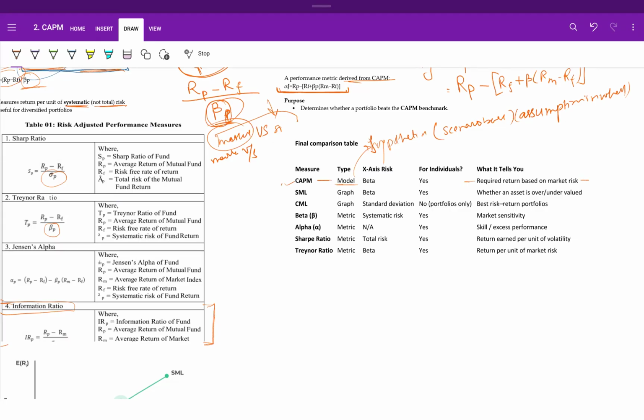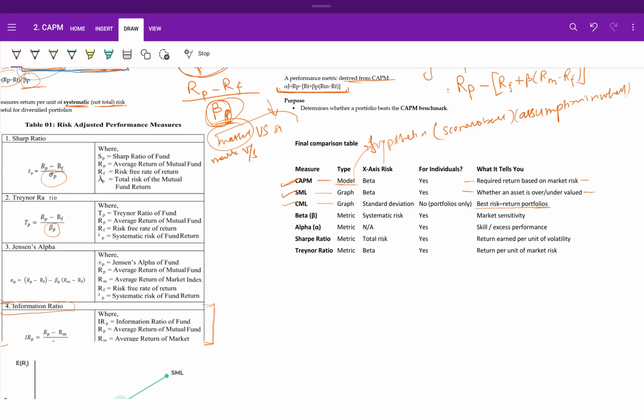The securities market line is a graph. It tells you whether or not an asset is undervalued or overvalued. The capital market line is again a graph. The capital market line is the best risk return portfolio. Which one would be your best risk and return portfolio?